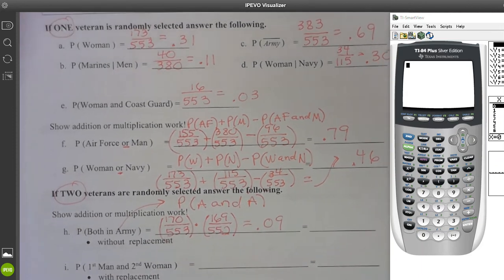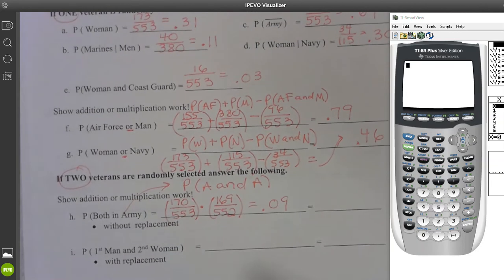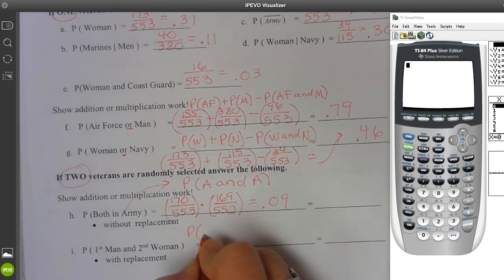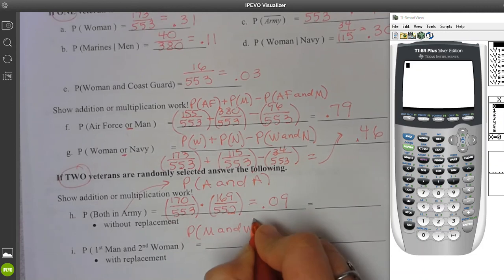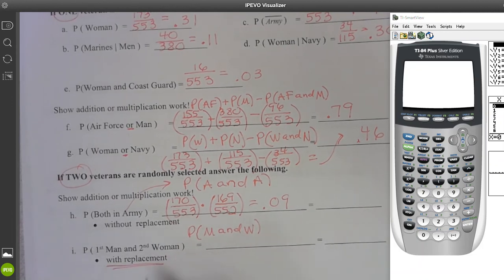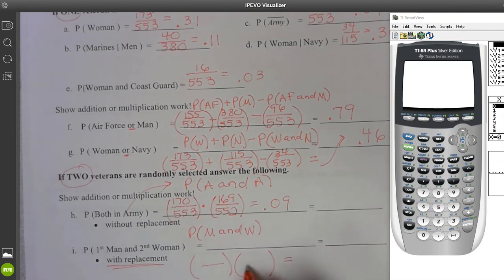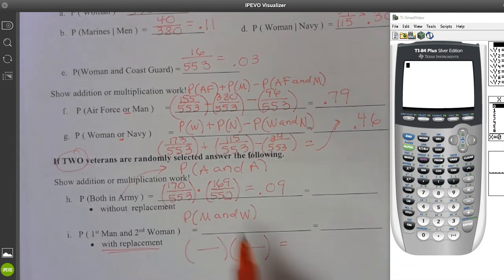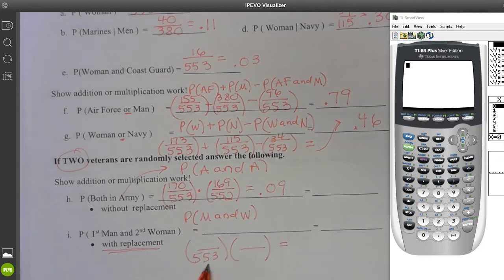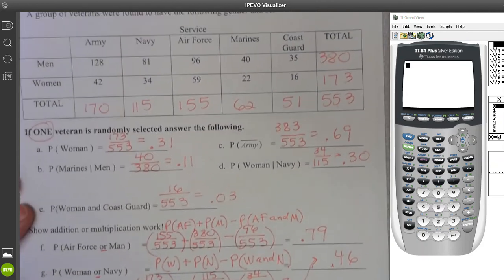And the last problem is, what is the probability of drawing out a man and then selecting a woman? And this is with replacement. So we will still multiply those probabilities together because this is an and statement, and it's 2. We're selecting 2 veterans. So we have 553 people total, and of those, how many are men?